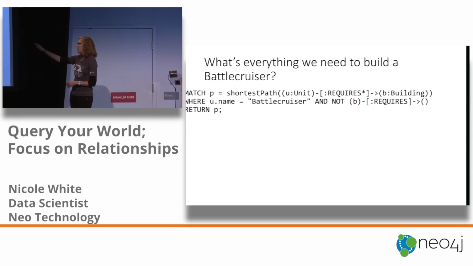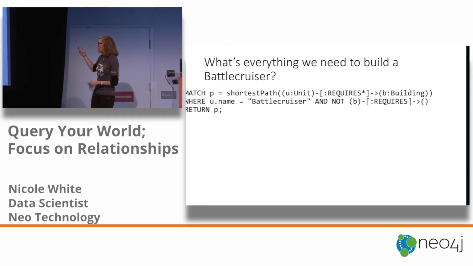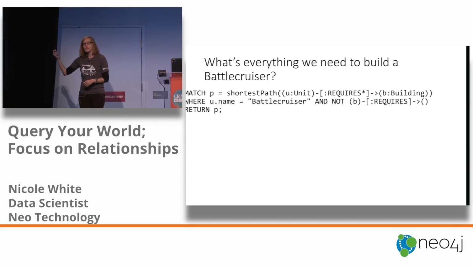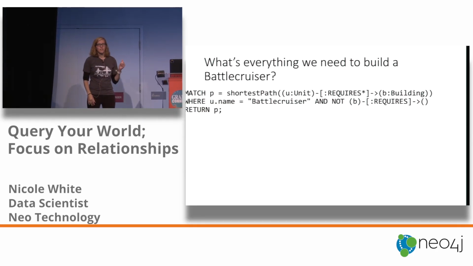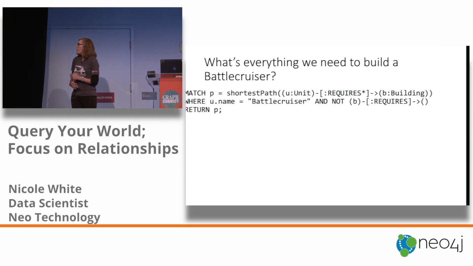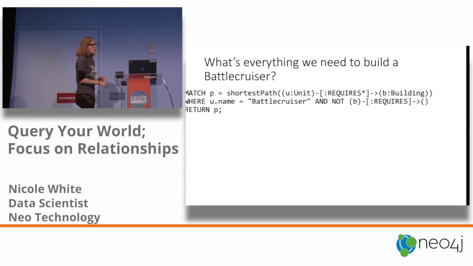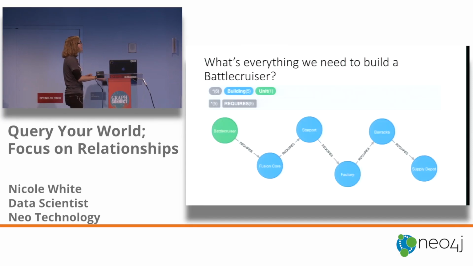So again, where the name of the unit is battlecruiser, and then we're traversing that requires relationship down to a building node, where this building node on the right side is anchored to those few nodes that don't have any dependencies. So this is obviously a much more performant query than the previous one we did with the starport. And then we can return the entire path here.